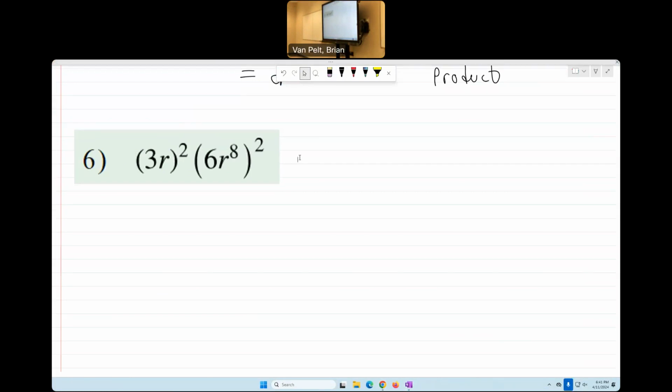Try to see if you can use the product rule or the power rules, which one of them works, so you can work the left and the right using a basic power.